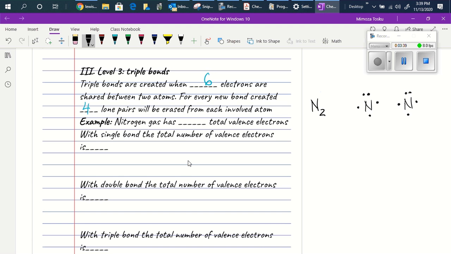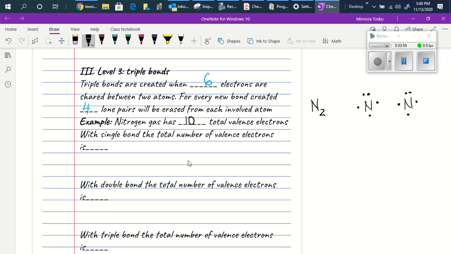So this atom has 1 lone pair. Each of them has 1 lone pair and 3 bonding electrons. So in total, each of them has 5 valence electrons.